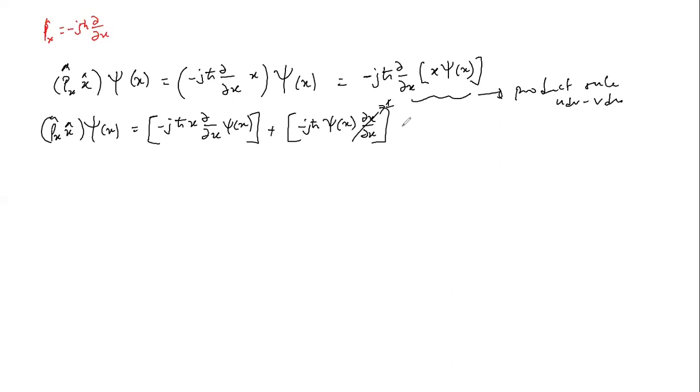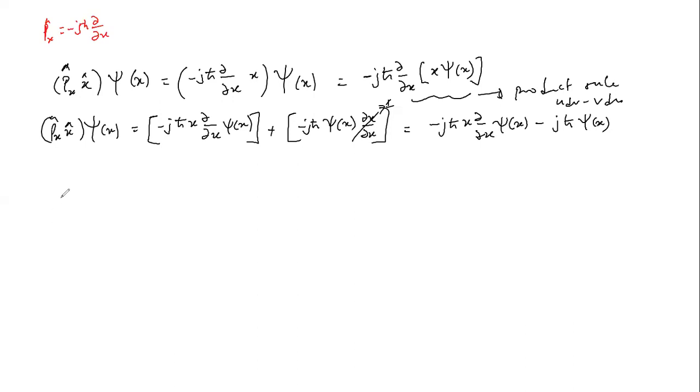And then this entire process is going to give us negative j h cross x d dx psi of x minus j h cross psi of x.